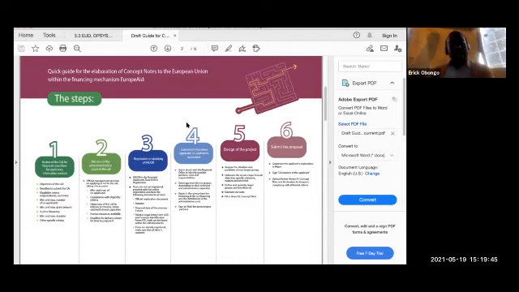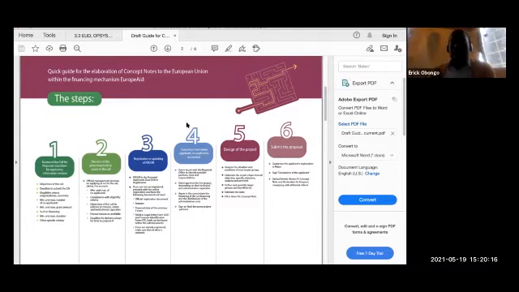So the second step is, once you've seen that you can meet what is in step one, you discuss internally with your organization and agree that you are going to proceed and do the application for the call for proposal. So for internal discussion, this is where you look at who you are going to engage with, the maximum and the minimum number of co-applicants.